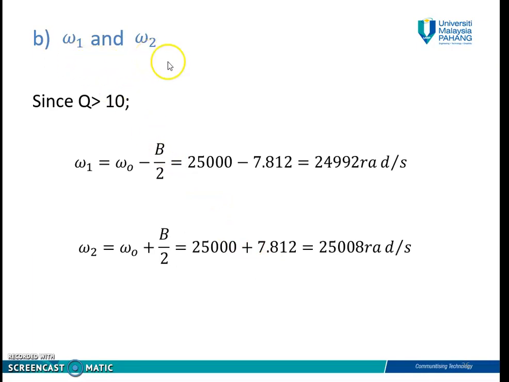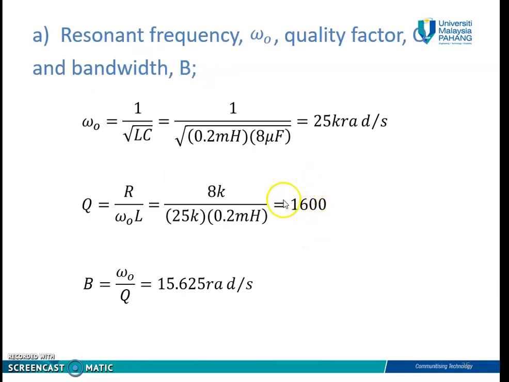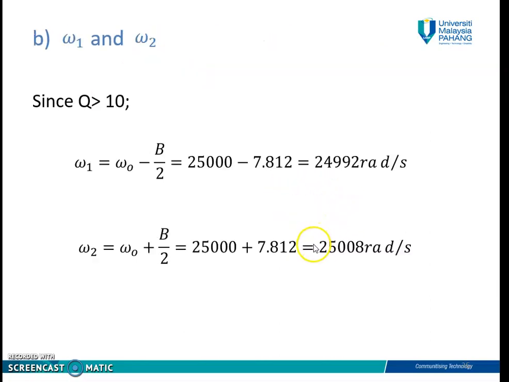The second question: find the half power frequencies, omega 1 and omega 2. Since the value of Q is 1600, which is greater than 10, we use this equation to calculate them. Omega 1 is equal to omega naught minus B over 2, so we get 24,992 radians per second.